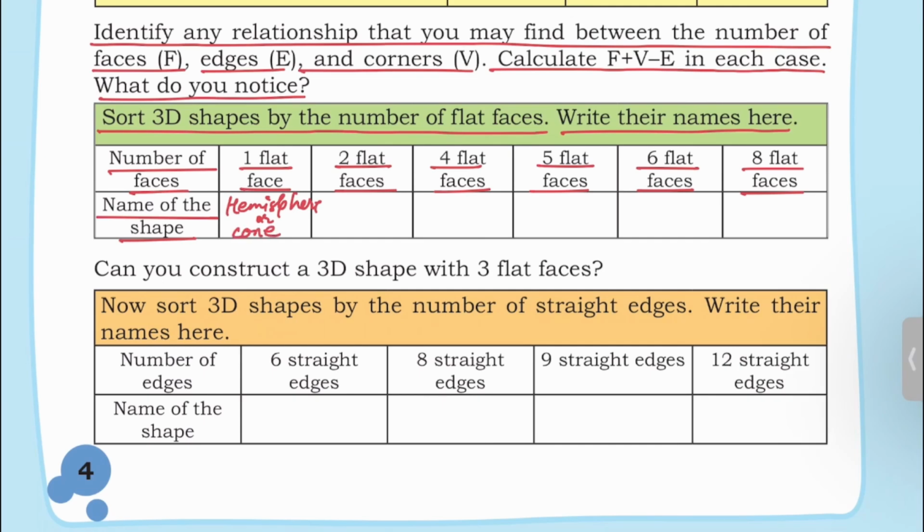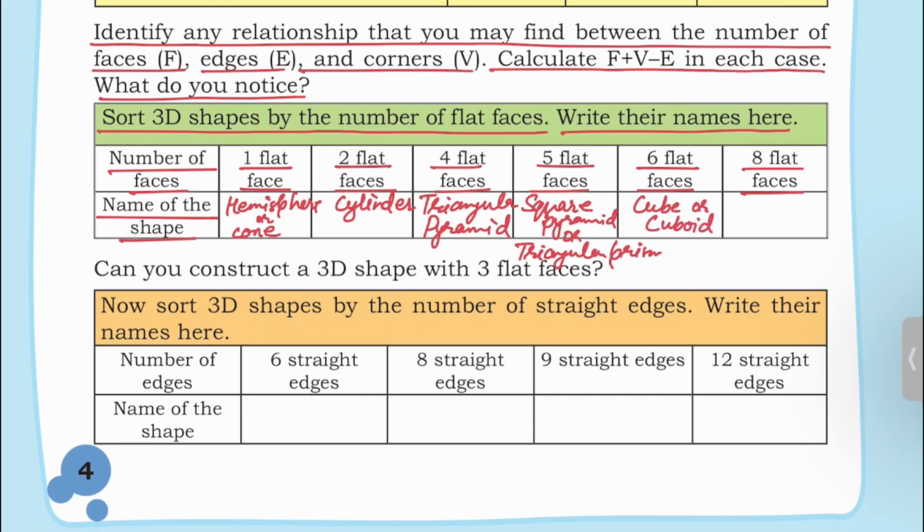Two flat faces, you can write cylinder. For four flat faces, you can write triangular pyramid. For five flat faces, you can write square pyramid or triangular prism. For six flat faces, you can write cube or cuboid. For eight flat faces, you can write hexagonal prism.